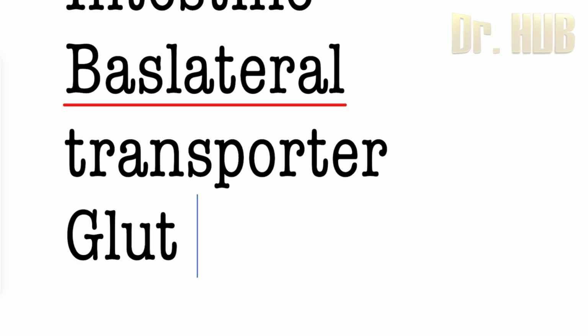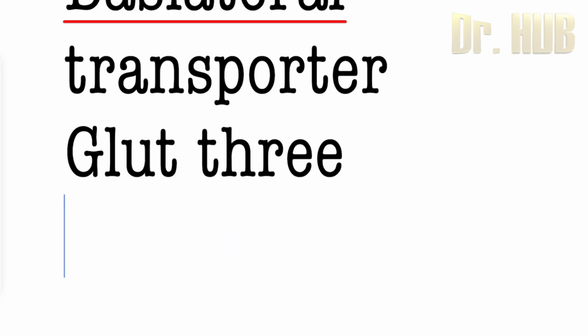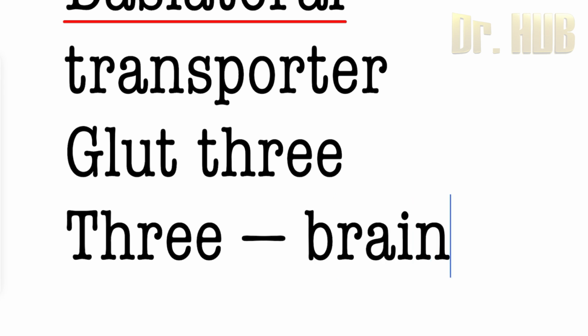Now moving on to GLUT3. GLUT1 was the highest level in RBC, the main glucose transporter in the brain, placenta and the RBC. Then GLUT2: the pancreatic beta cell, the liver, the kidneys and the intestine. Then GLUT3: the brain and the WBC.